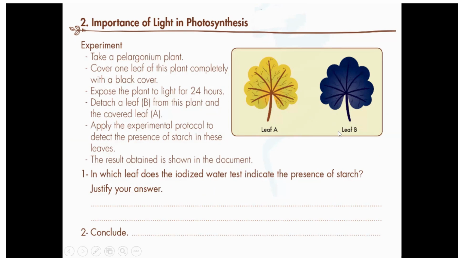Then we immerse leaf B in iodine solution. So the result obtained is shown in this document. Leaf A remains yellow. It takes the yellow color of the iodine solution, while leaf B turns dark blue.